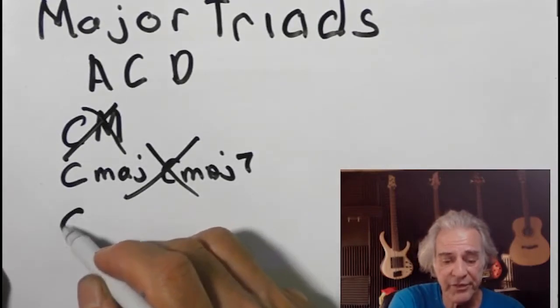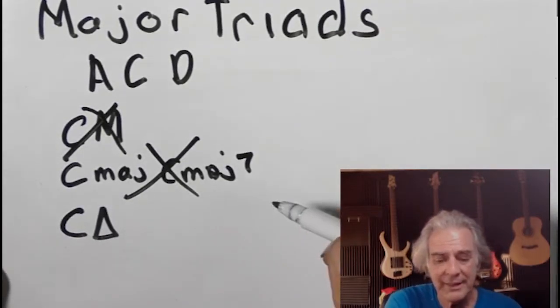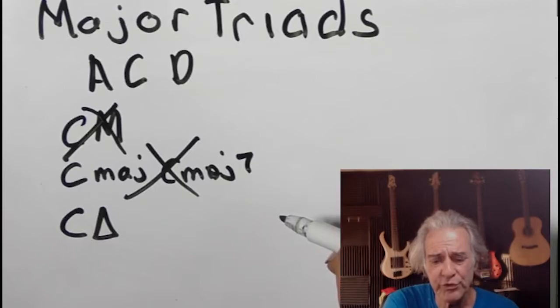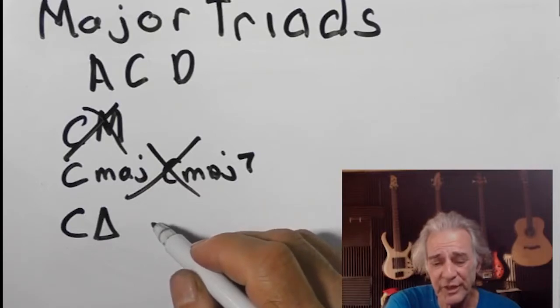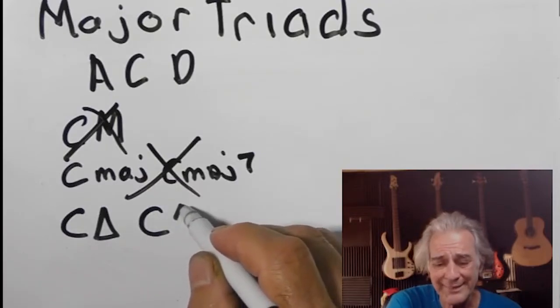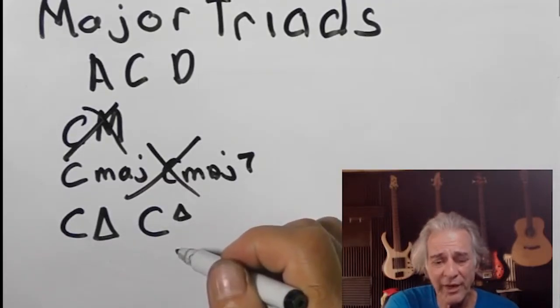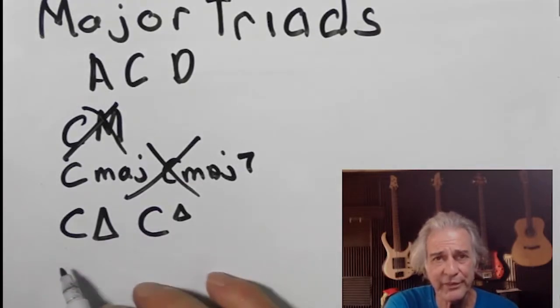The third one is the worst offender of clarity. It would be a C with a triangle. Now, a triangle was used quite often years ago and probably still is now. You figure that could be a triad, I suppose, but the problem here is a C major seventh using a triangle looks like this. It has a small triangle. So look at the difference between this and this.